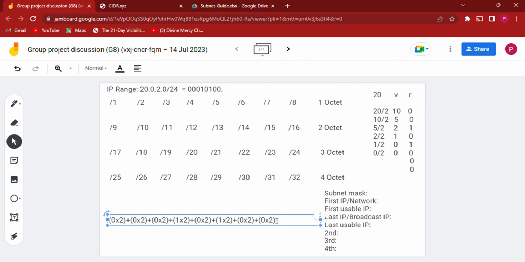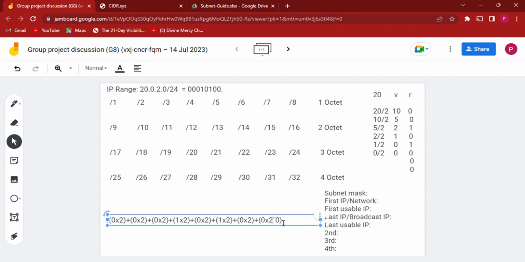I don't know how to type raised to the power on my keyboard. If you know, after watching this video, you can teach me, okay? But to convert to base 10, you start doing the raised to the power from the right. So 2 raised to the power 0. I'm using this sign to depict the raised to the power.